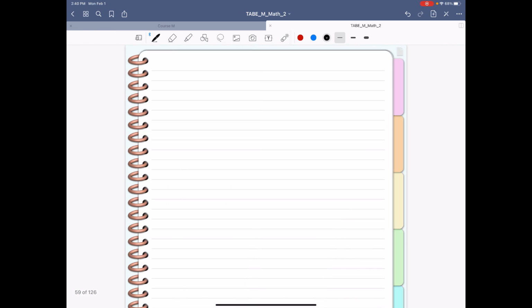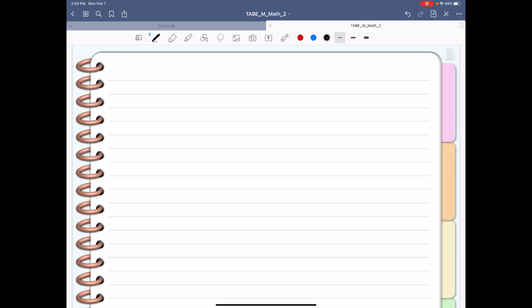So on scrap paper, I'm going to say that they found a gift minus the coupon, and then whatever was left, they divided by siblings. There are 3 siblings, so I'm going to say it was divided by 3.